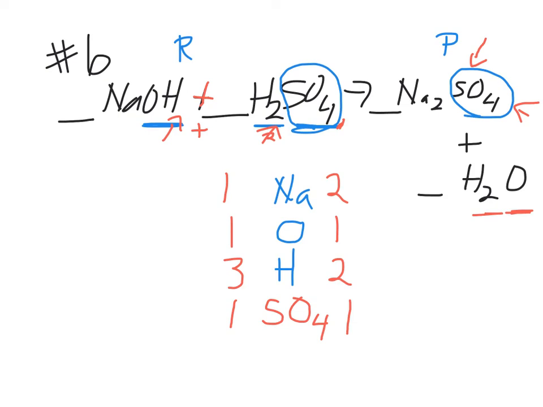Okay, let's equal this out. Now the polyatomic ions are already equal, so let's figure something else out. 2 times something cannot give me 3. So let's find a common denominator. Let's use 6. Or you know what?